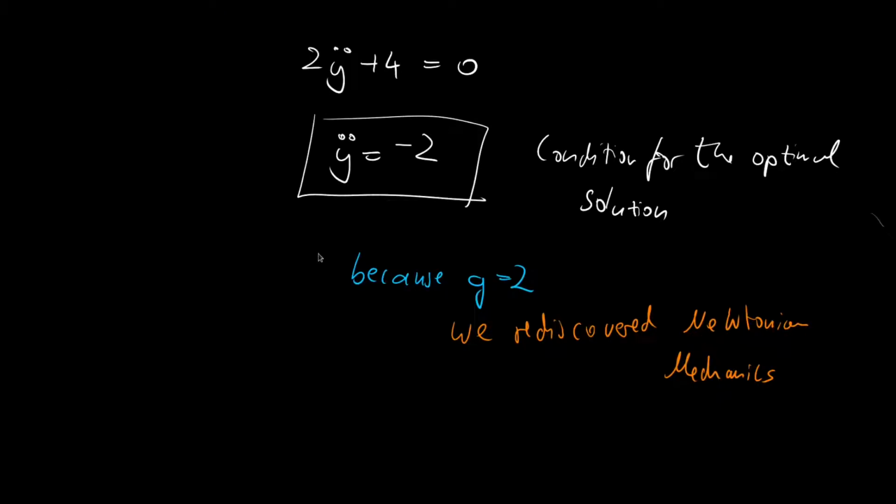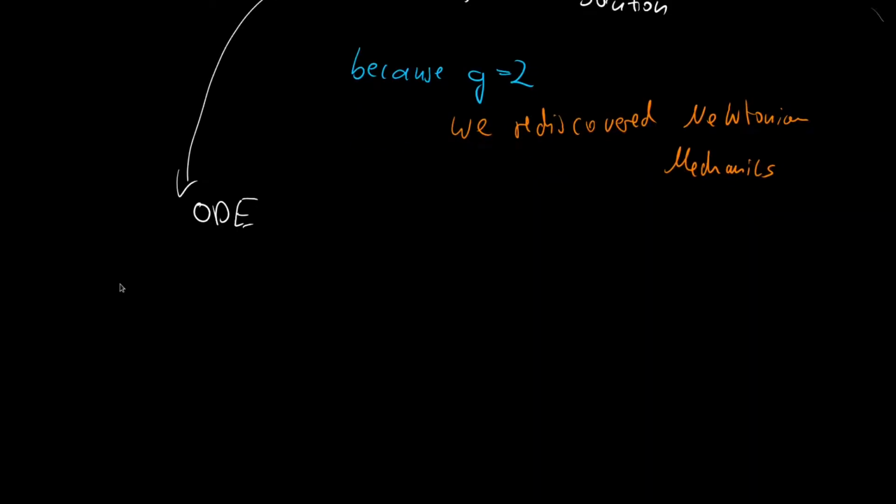And then this is nothing else than an ordinary differential equation, which we can solve by integration. So we integrate once and we get y prime is minus 2 times t plus y prime 0, which would be the initial velocity. And we know the initial velocity would be 0 because we measured when we were at the highest point of our jump, instead of starting to jump, just for simplicity.